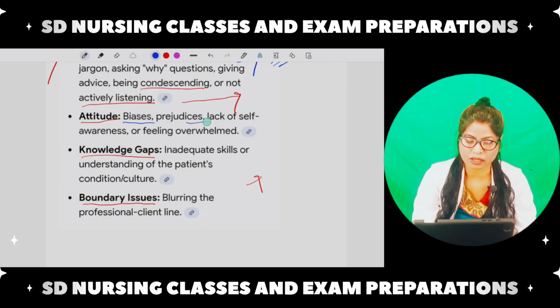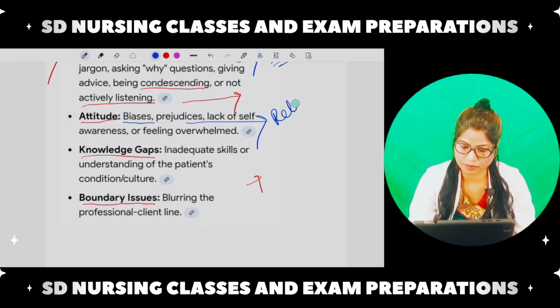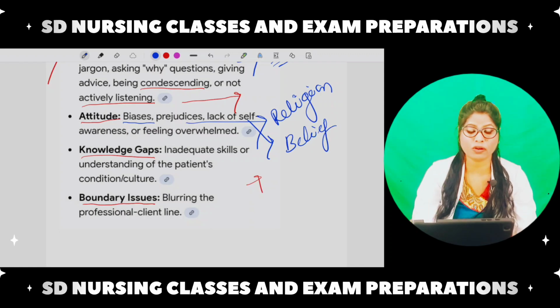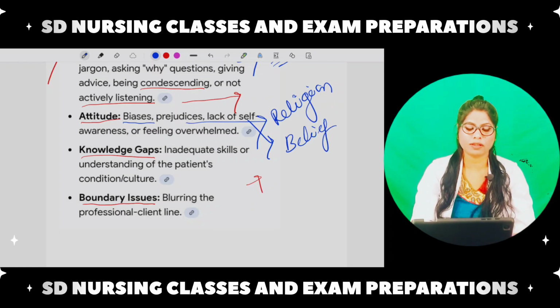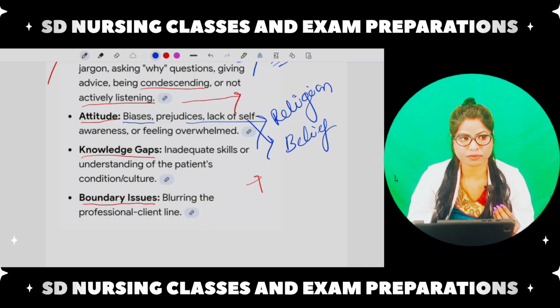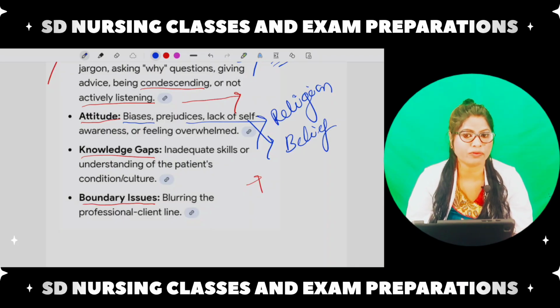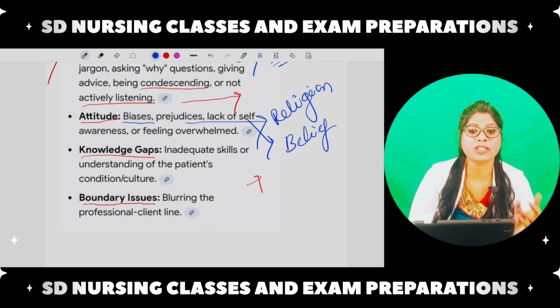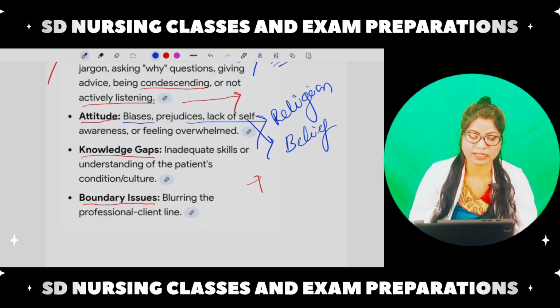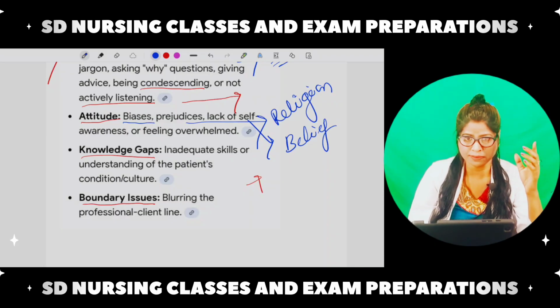If the patient is not from your religion, or does not believe what you believe, and you compare the patient with your own beliefs, or the patient is of a religion you don't like, then communication will not be effective because of your behavior.